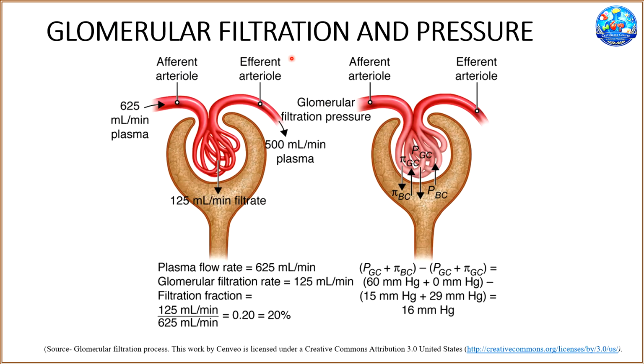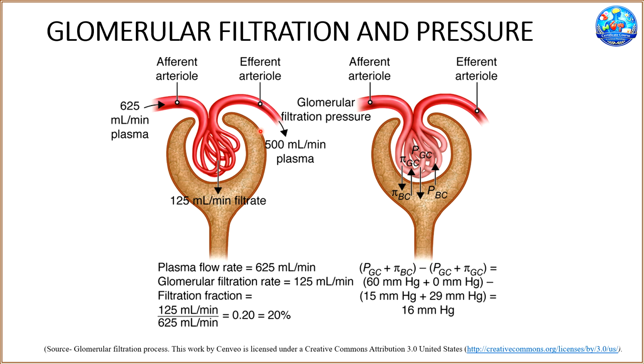Glomerular filtration and pressures. This figure explains the GFR, that is glomerular filtration rate, and even the forces that are controlling the glomerular filtration rate. Let us understand first the blood flow. Blood enters into this glomerulus through the afferent arteriole at a rate of 625 ml per minute of plasma.